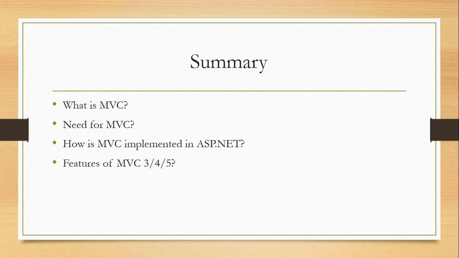And in MVC 5, we have been introduced to what is called attribute-based routing. In MVC 3 and 4, we had to do all the routing in our Global.asax file. But now, with MVC 5, you can attach routing to each of your action methods. You can have different routing mechanisms for different action methods.